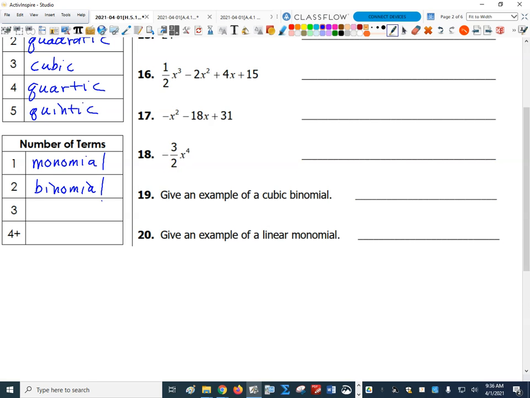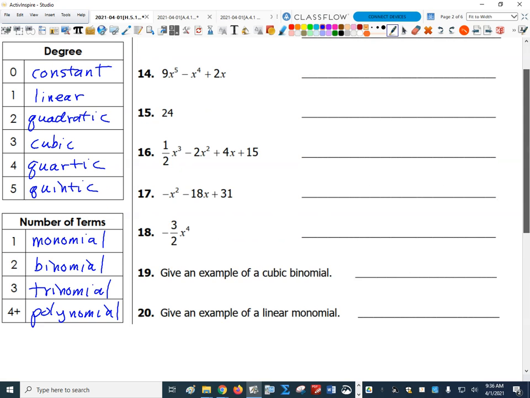What do we call a polynomial with 3 terms? And we used to factor these quite a bit last unit. Trinomial. There we go. And if it's got 4 or more terms, we just call it a polynomial. Poly meaning many. Okay? So let's classify these things then.